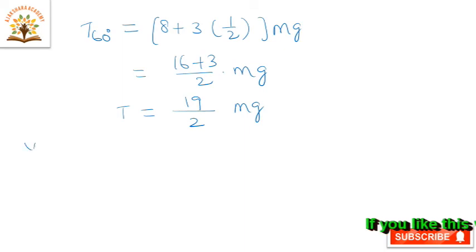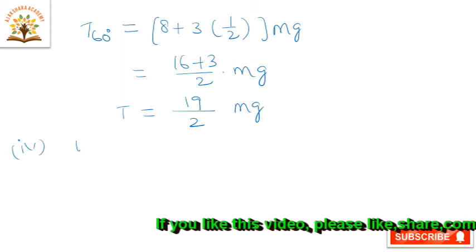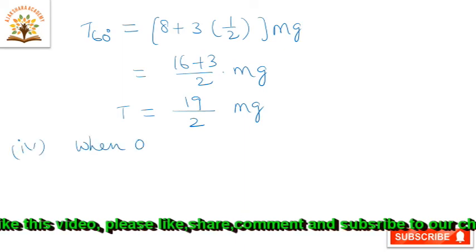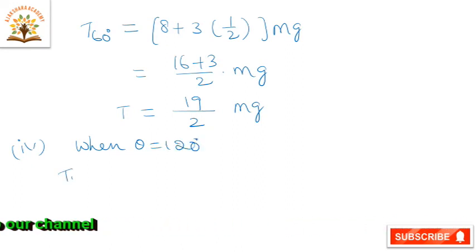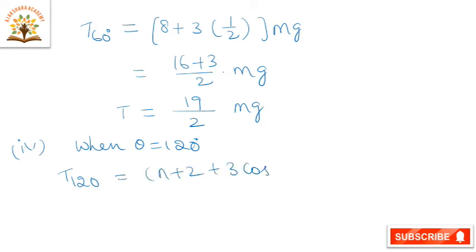Now let us calculate when theta is equal to 120 degrees. Then T_120 is equal to (n plus 2 plus 3 cos theta) into mg. That is 6 plus 2 plus 3 cos 120 degrees into mg.